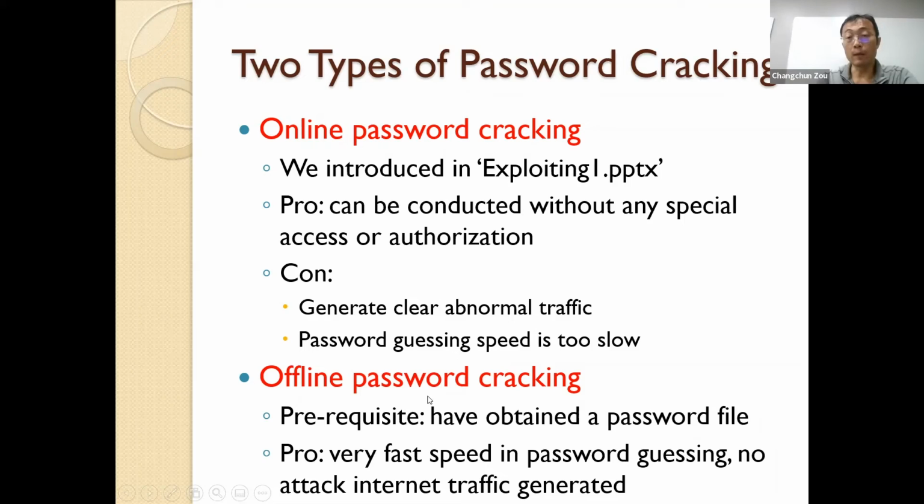On the other hand, offline password cracking is when, after the attacker has compromised the system, the attacker downloads the password file, then they can use these tools to find out the password for all the user accounts in this password file. The disadvantage is very clear: you first need to get a password file, which means you first need to compromise the remote server first.